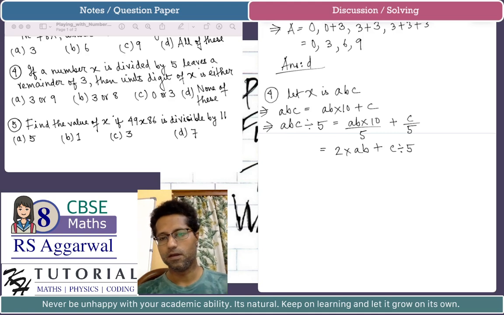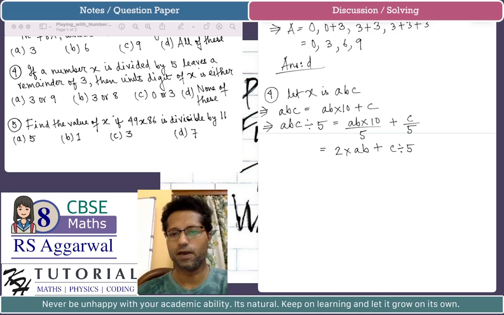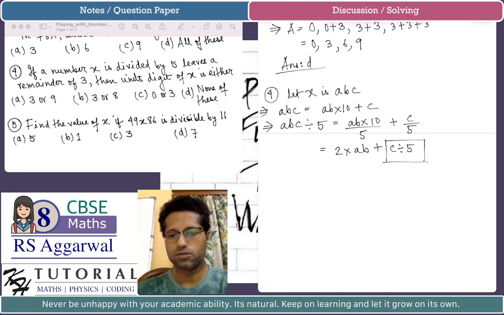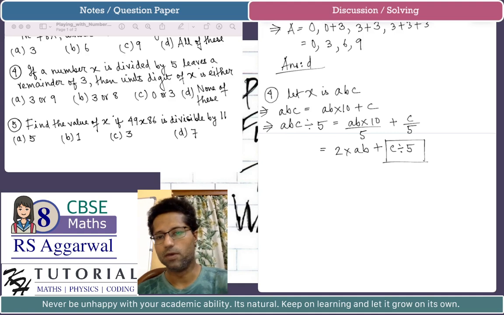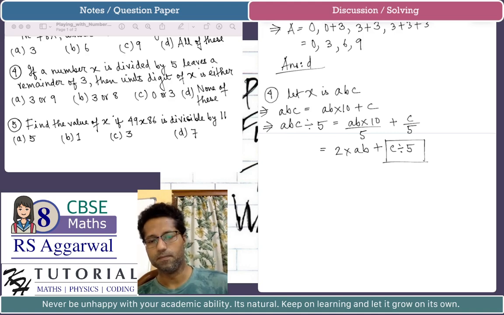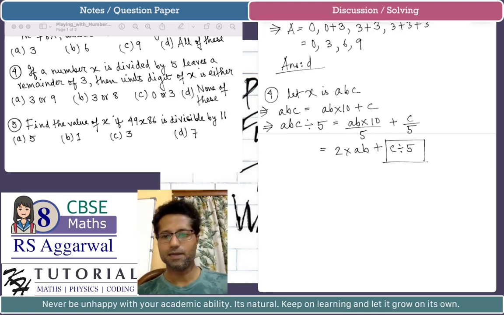The remainder when x is divided by 5 will depend on this value, because ABC divided by 5 is coming to be 2 into the number formed by the 2 digits AB, plus C divided by 5. So the remainder can only come from this expression.